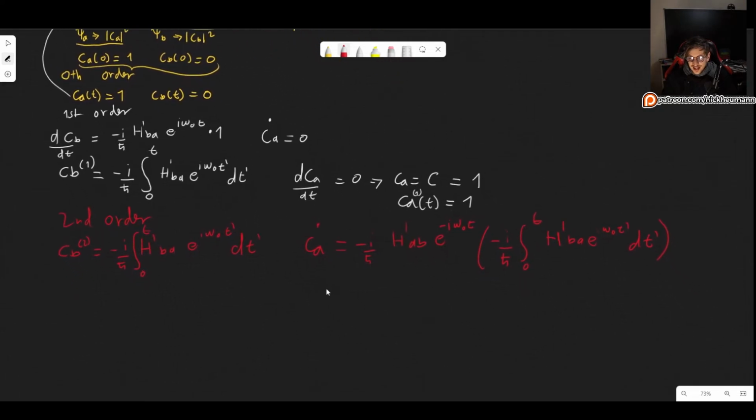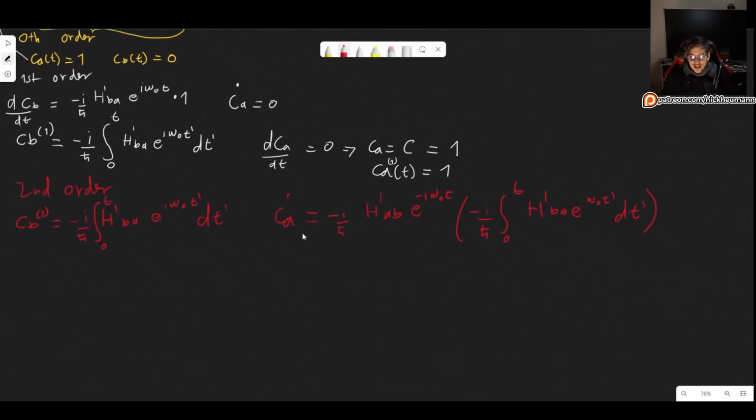Okay, so this is CA dot. Now to find CA, there are a few things to do. First of all, this minus sign and this minus sign cancel out, but then we have i squared, which gives us another minus sign, so we get minus 1 over h bar squared.